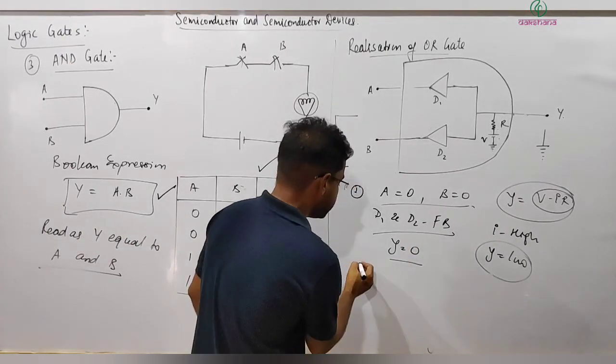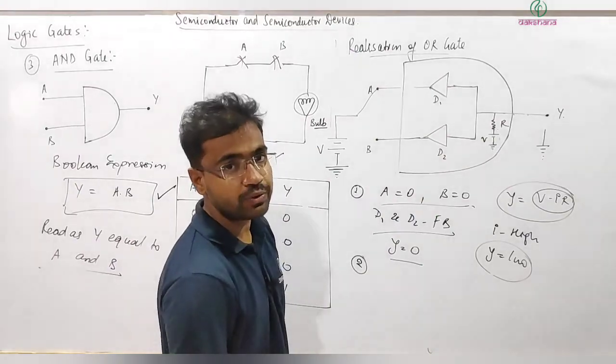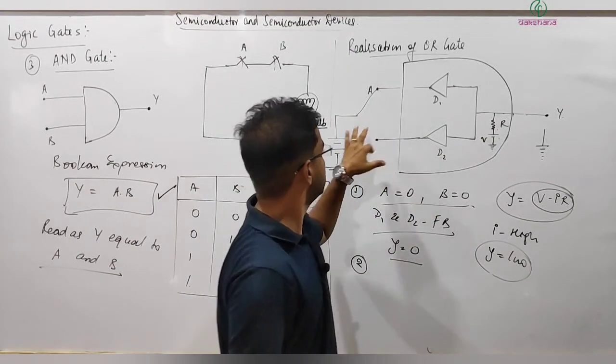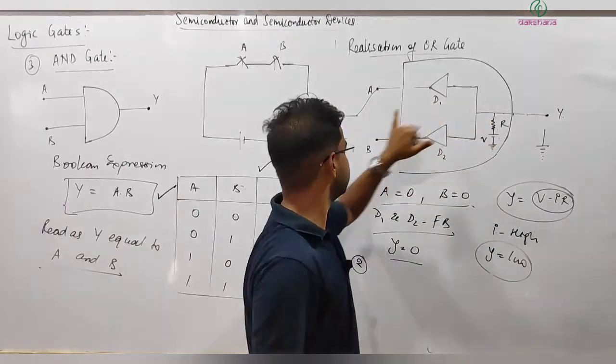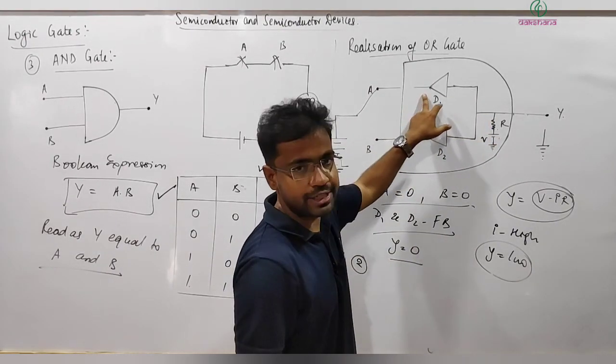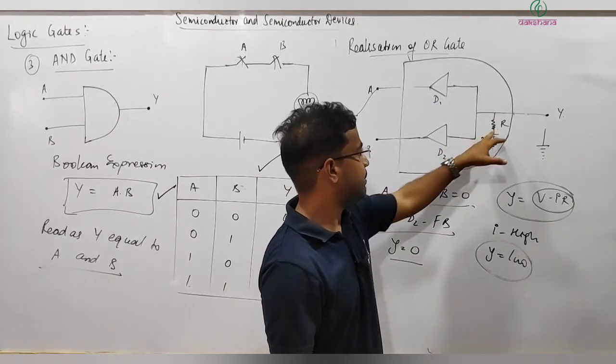Next situation, let's say one of these is connected to high. This is connected to high, so in this situation here also voltage is there, but this is even higher, so this will be reverse biased, it will not allow the current to pass, but this is still low. So what will happen actually here?